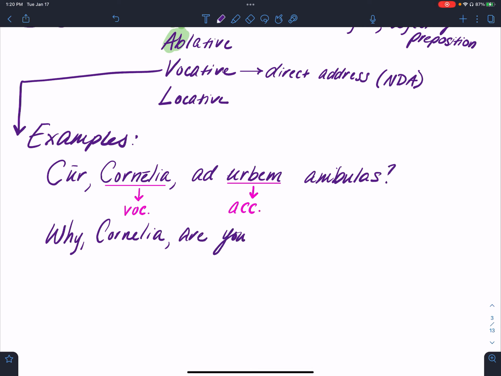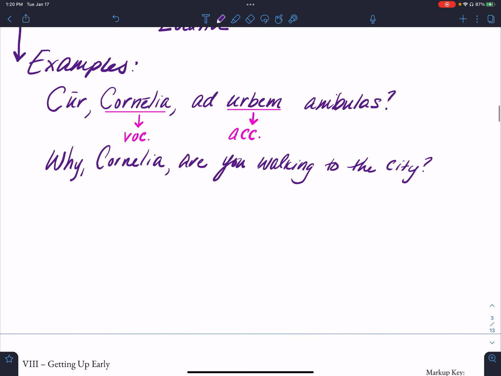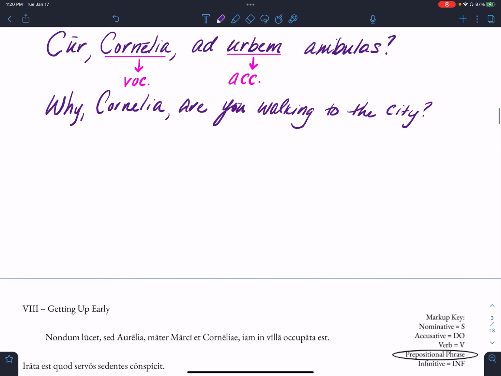Why are you, Cornelia, walking to the city? Okay, so Cornelia is being directly addressed here. If I wanted to say Cornelia walks to the city, it would simply be Cornelia ambulat ad urbem. Ambulat. Okay, that's how it changes.